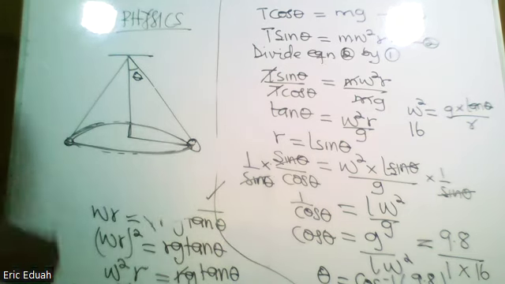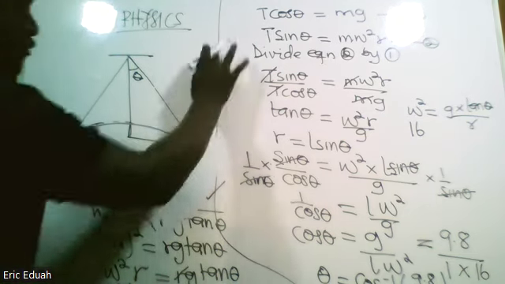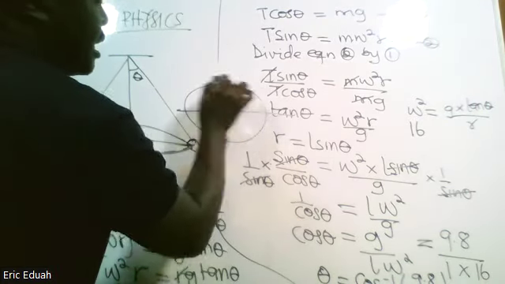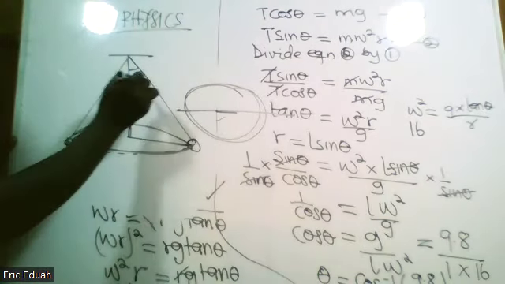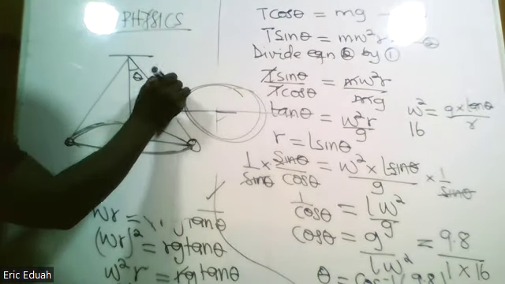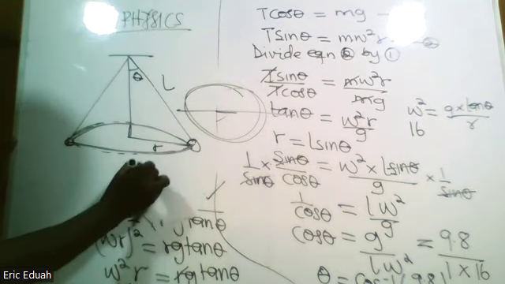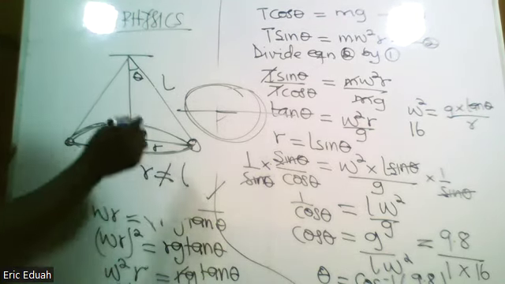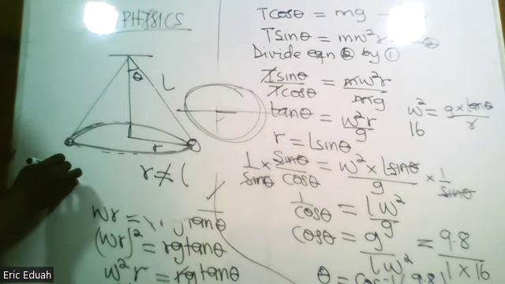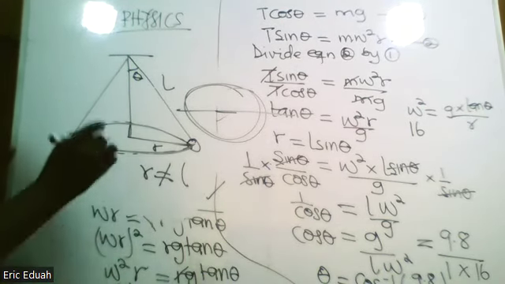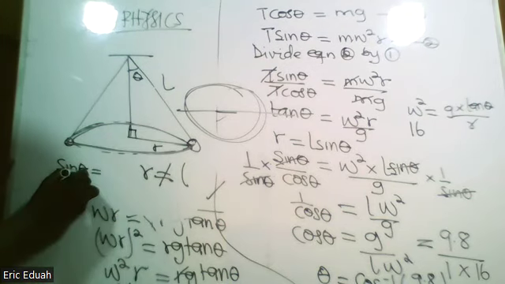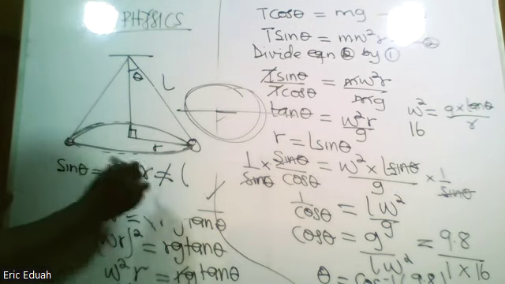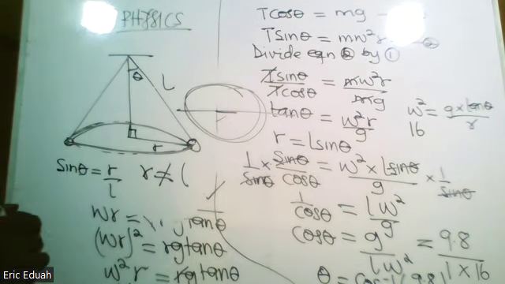This is not the same as rotating an object flat along the horizontal. So for conical pendulum, this is L and this is R. R is not equal to L for conical pendulum. That is why we took a sine of this angle theta and then concluded that sine theta is equal to R over L, meaning R is not equal to L. So please take note of this.